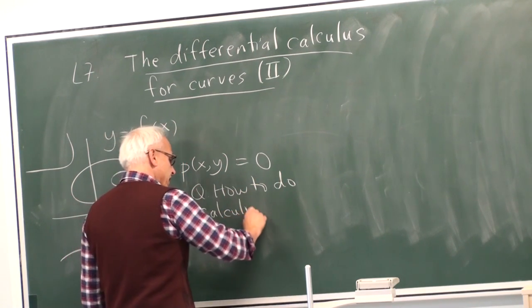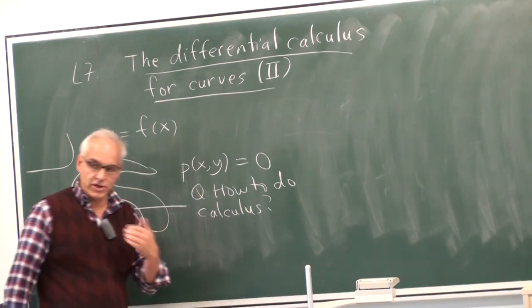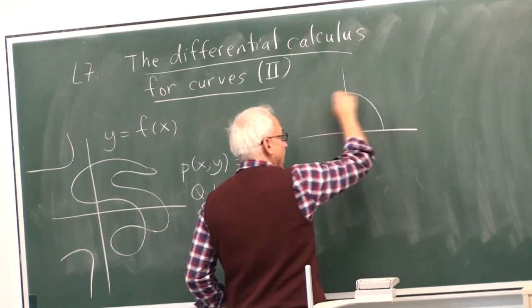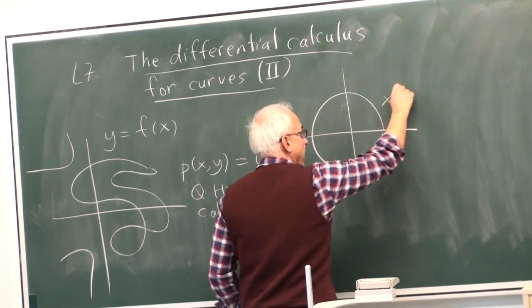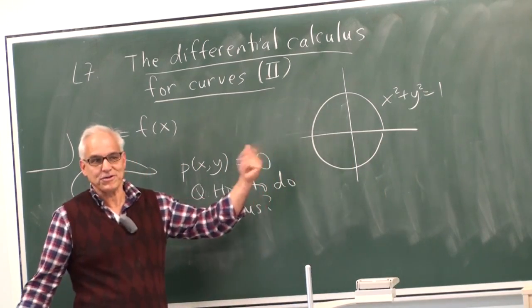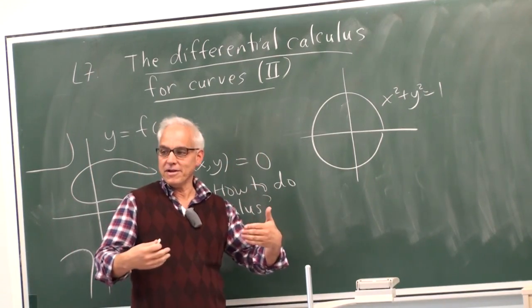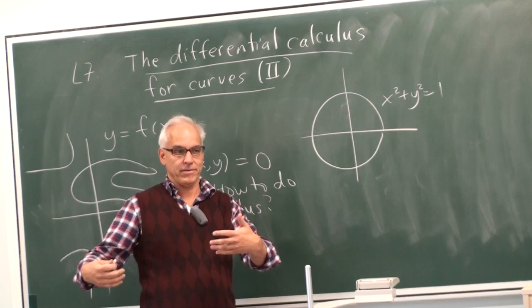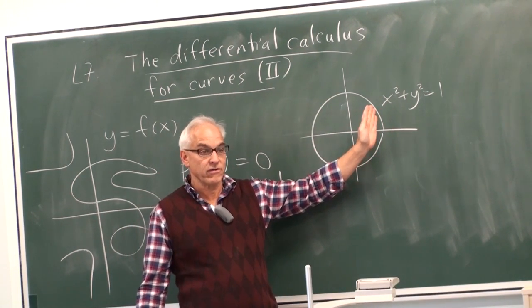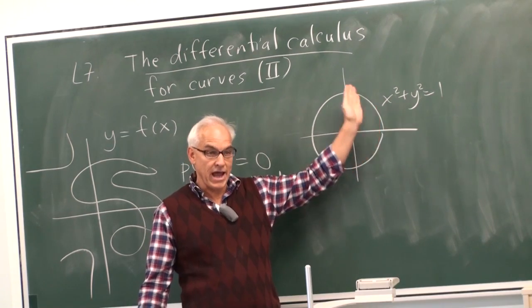Well, the ordinary calculus course answers it to a certain extent. For example, you might look at the simple example of the unit circle. So x squared plus y squared equals 1. That's an example of a very important curve that's not given initially as y equals something. But we still might want to calculate its derivatives or second derivatives, tangent lines, and so on.